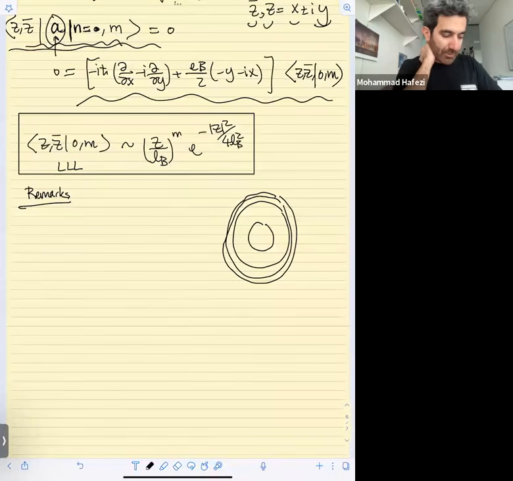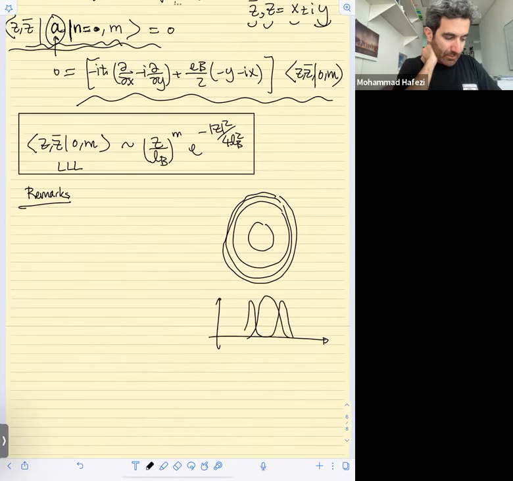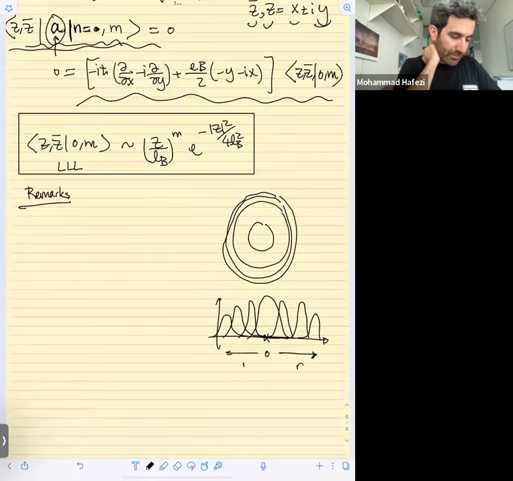So if you look at it from the side, the first one is something like this. The second one is something like this. The third one is something like this. The fourth one is something like this. So this is, let's say, the origin, and this is R. They have the support just over here.